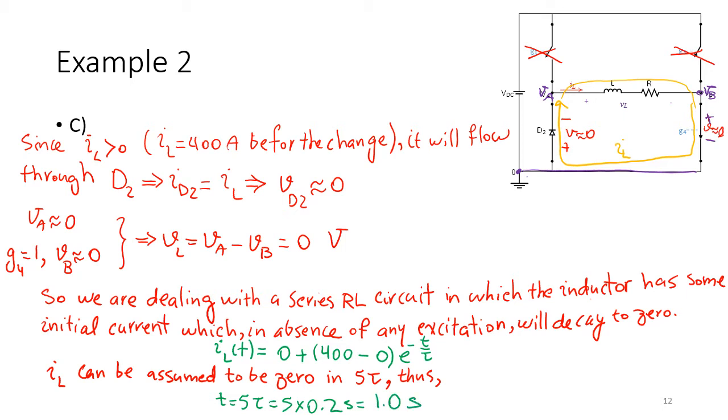It takes 1 second for this inductor to be discharged through the resistance, through the circuit that we have built here with the turning on and turning off that we have done.